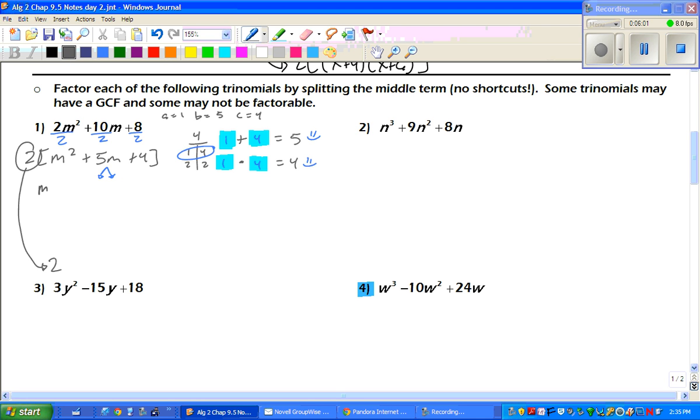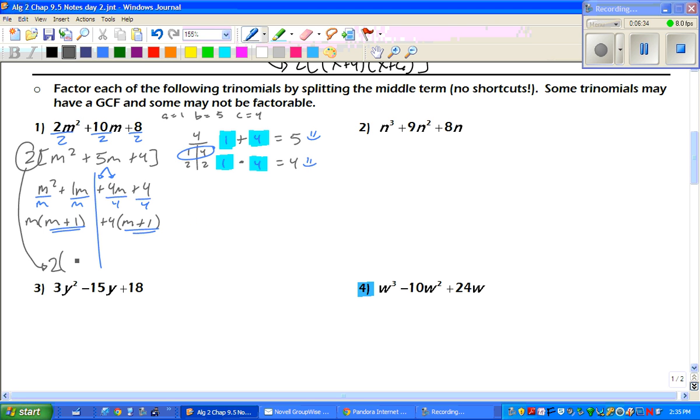So when we split that middle term, we get m squared plus 1m plus 4m plus 4. I'm going to divide by m and divide by 4. All this stuff, guys, is review. So the m comes out front, and we got m plus 1. And the positive 4 comes back, and we got m plus 1, which is good because that's our checkpoint.